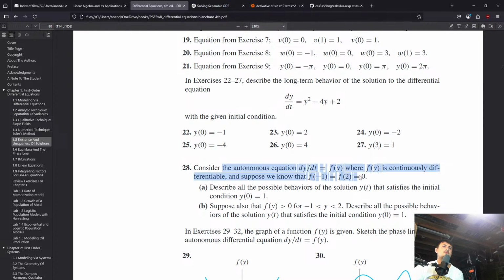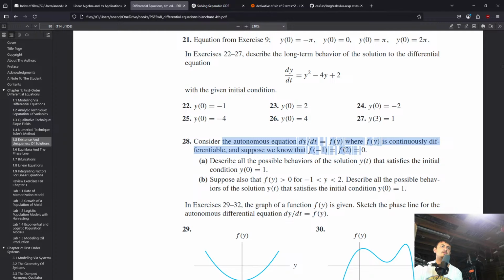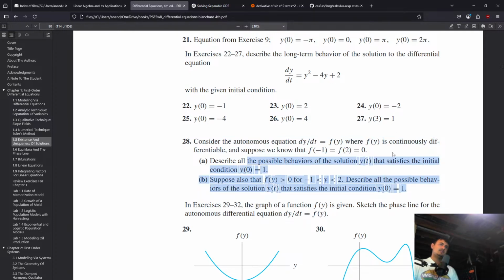Consider the autonomous differential equation. Suppose we know these two. Wasn't this in the last section? Okay, so we don't know that this isn't in equilibrium.